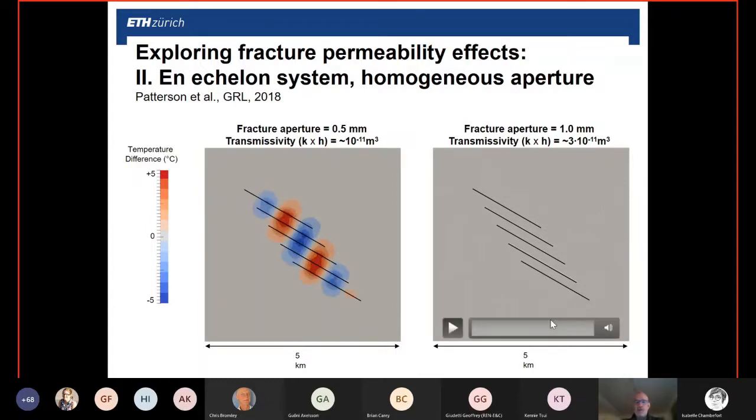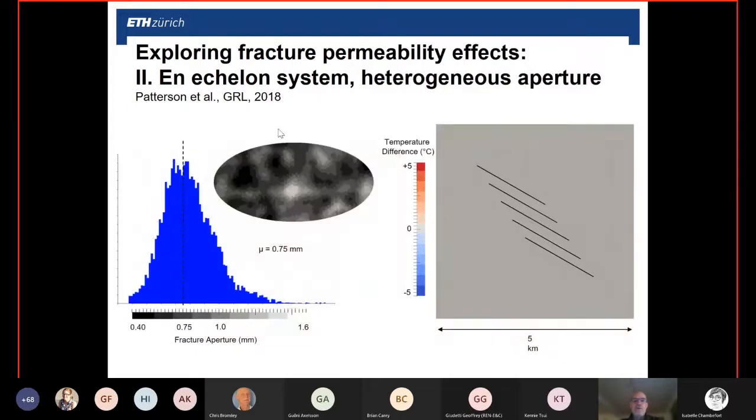A similar thing you can even get, so these were fractures that have a homogeneous permeability or aperture, etc. And if you now use one that has a heterogeneous aperture, which is probably much more realistic, so we have a log normal distribution of aperture across the fault plane, this gives you an idea of the heterogeneity, 5 of them.